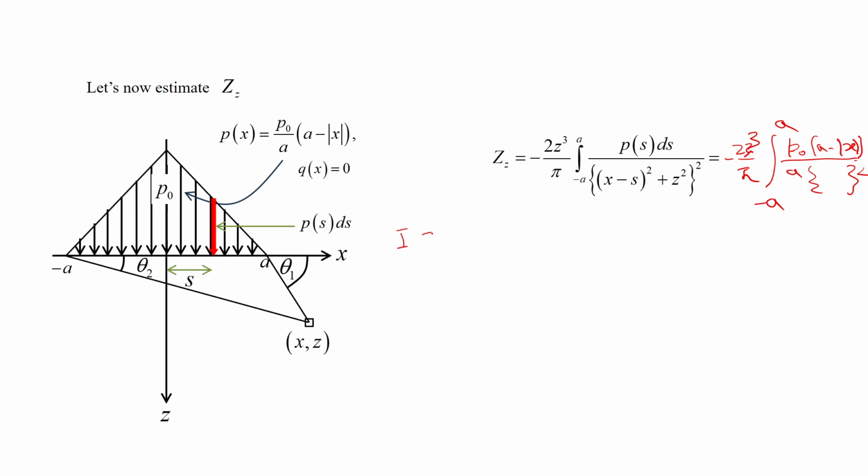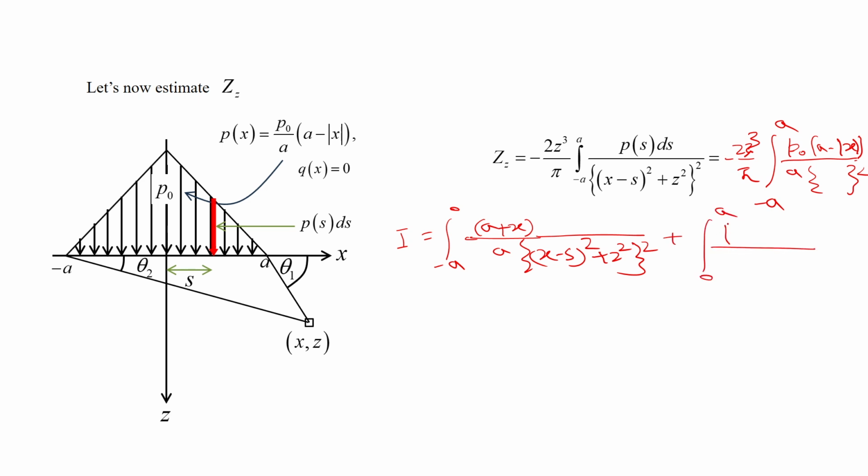So, let us say this I is equal to the integral from minus a to a, and let us say that we take only these terms. So, we will define these limits from minus a to 0 and 0 to a. Here this term is a minus of x, so it is plus x, divided by a, and this is x minus s whole square plus z square, and this is whole square, and then plus, 0 to a is the other limit.